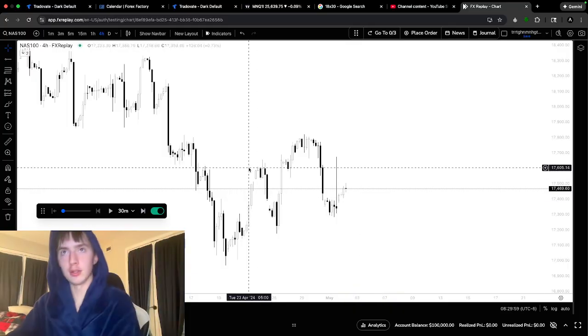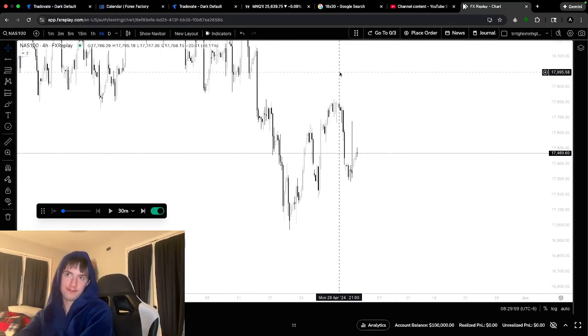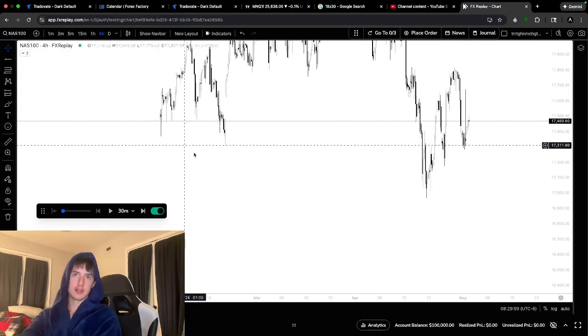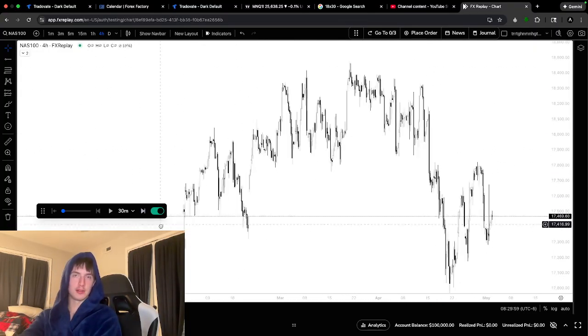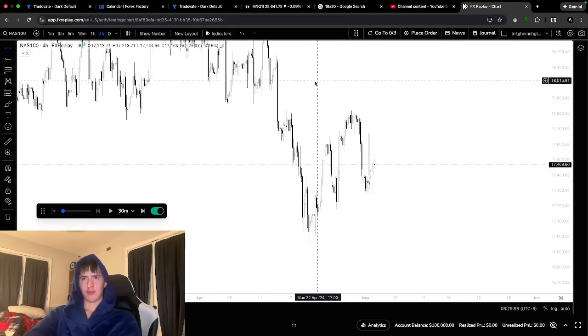Anyway, this is how I find draw on liquidity. Going into this market open, we are already in a bearish trend, kind of. I wish it would show more price data over here, but it's not. So I'd say we're already kind of bearish.